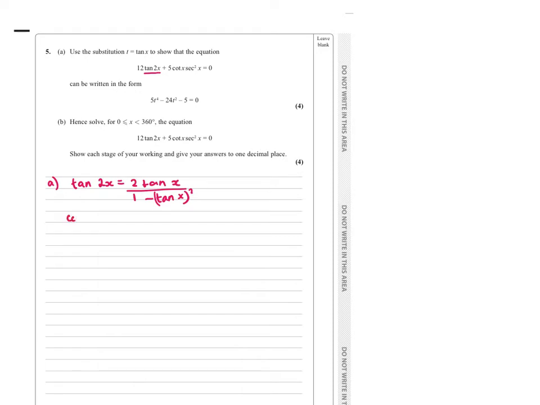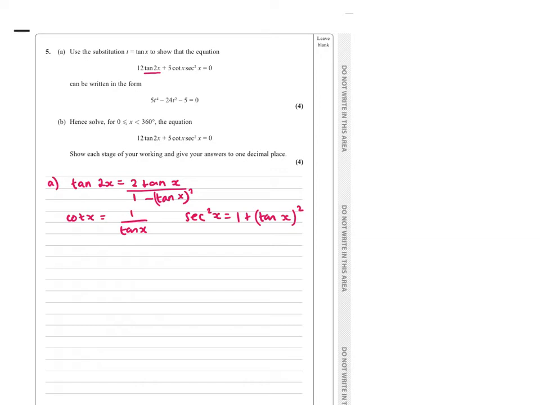Cot x we know is 1 over tan x, and sec squared x is in fact 1 plus tan squared x, which I'm going to write like this. So now I've gotten all of these, I'm going to write this in.